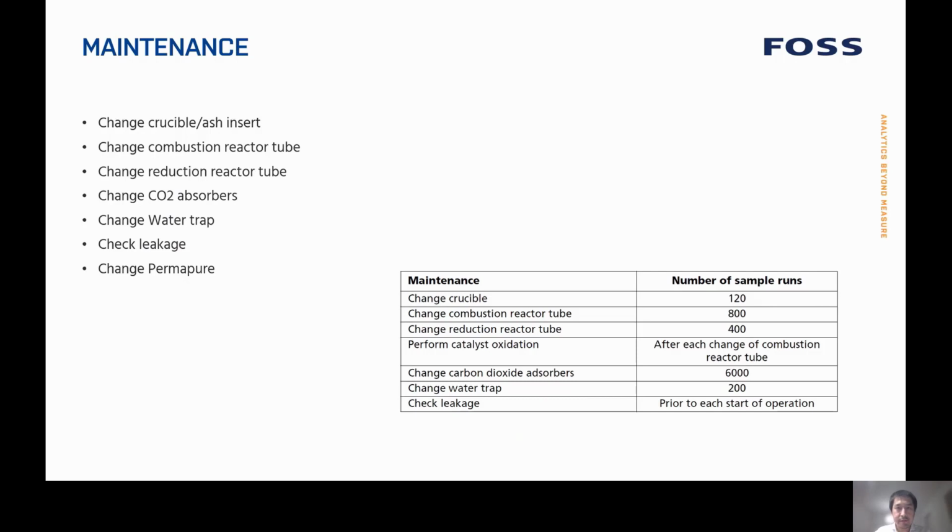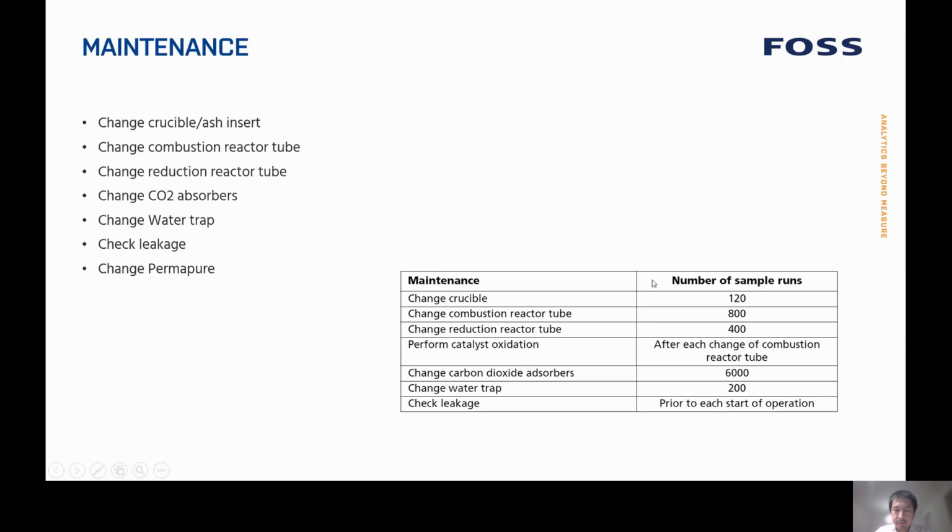These are the very basic procedures for maintenance. And if you change any of these consumables in daily operation, you always have to run the leak test to ensure there's no leakage for the instrument.